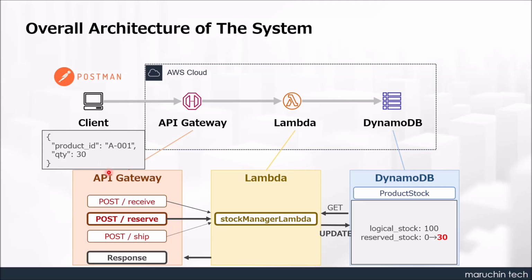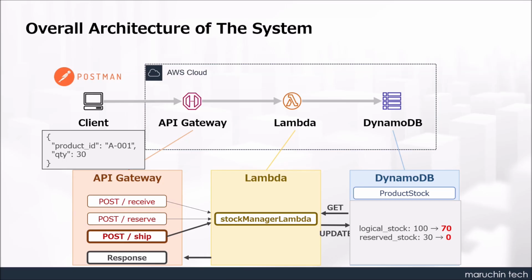First, we assume receiving an order for 30 items. We will call POST /reserve to accept an order of 30 and verify that reserved stock increases by 30. We will verify this by checking the response message returned to Postman and by directly checking the DynamoDB table.